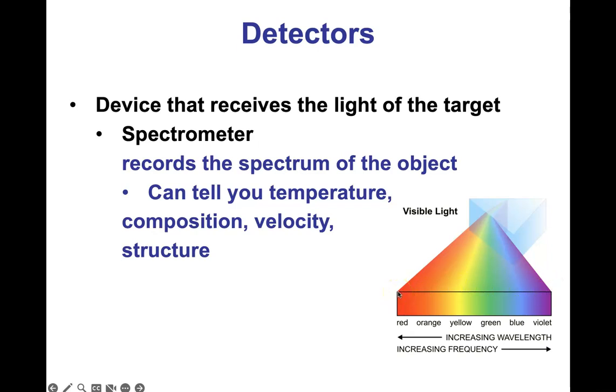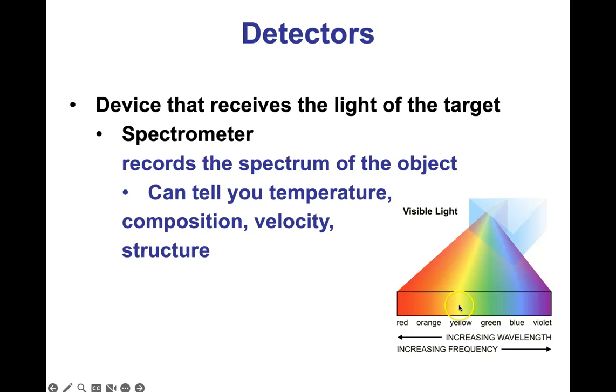So instead of taking an image of the light from a star or a planet or anything, you can take all the light from that object, split the light up into the different colors, and then you can look at the light more carefully and say, well, how much red light am I getting?